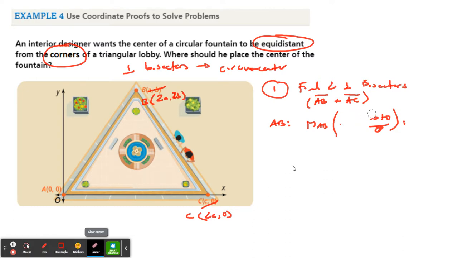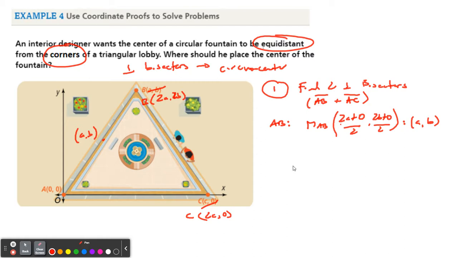You add the x's and divide by 2. Add the y's and divide by 2. What am I thinking? So let's go slower. So 2A plus 0 over 2. 2B plus 0 over 2. And that's 2A over 2, which is just A. 2B over 2, which is just B. Right? So there's the midpoint of that side. So this is AB.